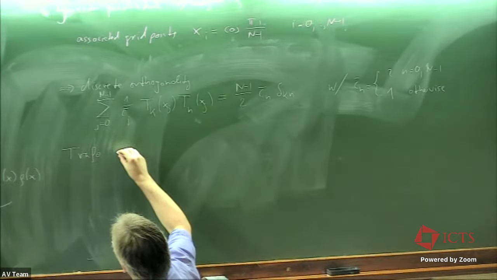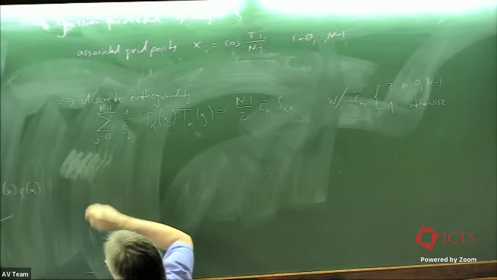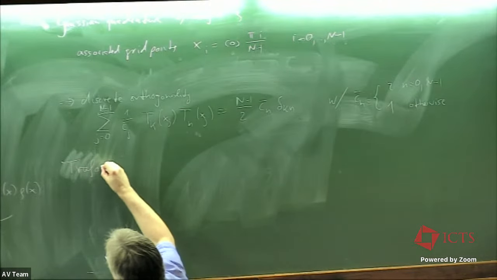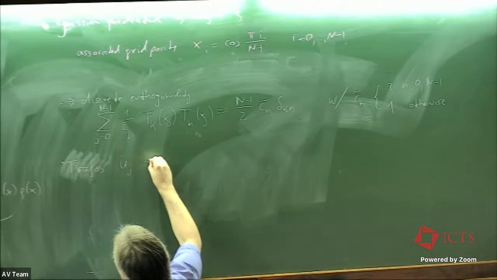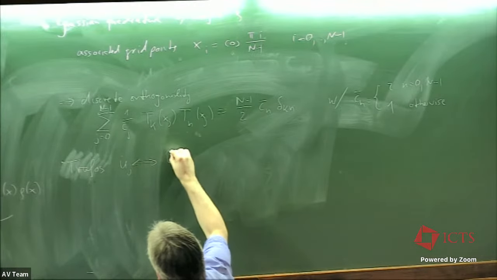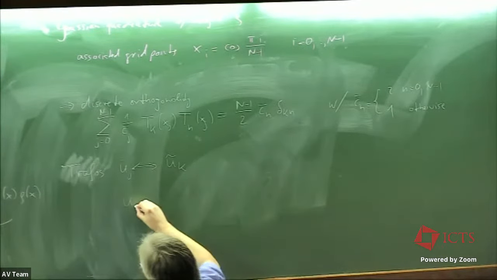If I'm first talking about the transformations between the grid point values and the coefficients, the first transformation is quite obvious.